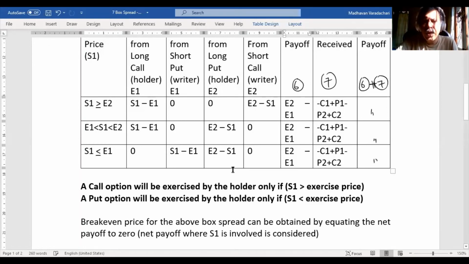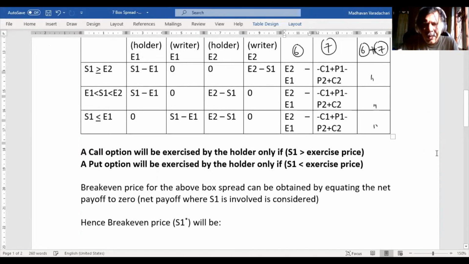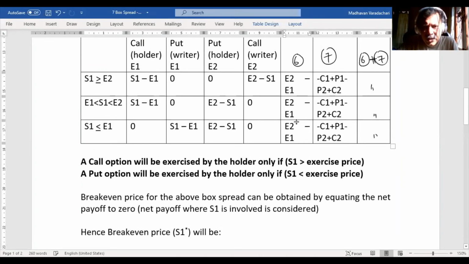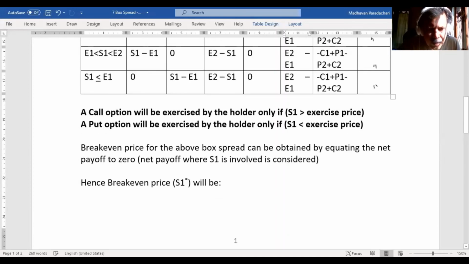Anyway, we know that if I add these two, one more surprising thing we may notice in all the situations is that the net payoff remains the same. This is the same in all. This is also the same in all. If I add, the result will also be the same. Another thing we may notice is that the sum of these two does not involve S1. That means there is no break-even price possible.